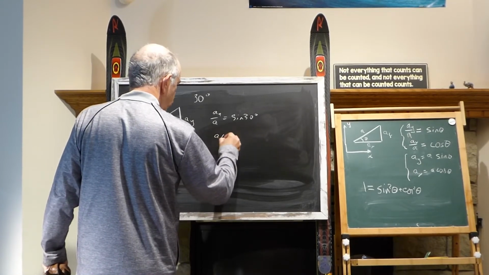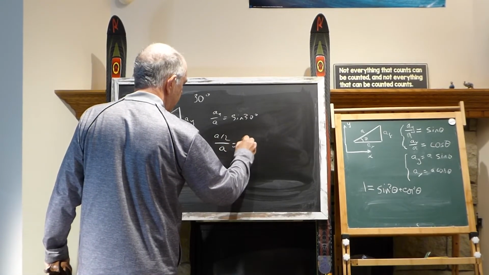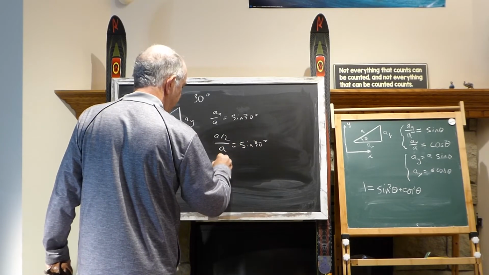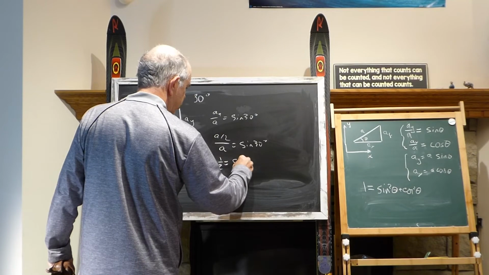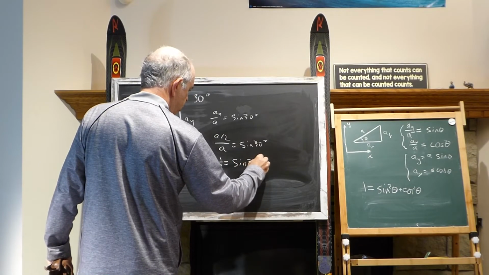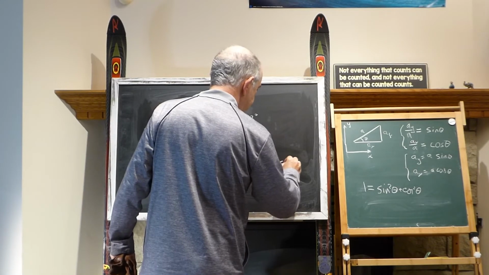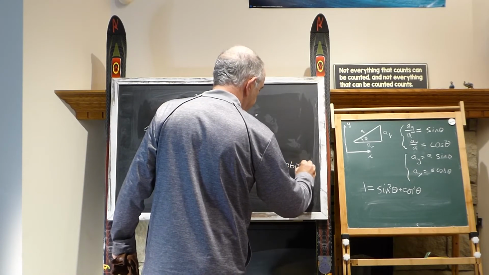So A over 2 divided by A equals sine 30, and we received that 1/2 is the sine of 30. And we also remember we got that cosine of 60 is 1/2.